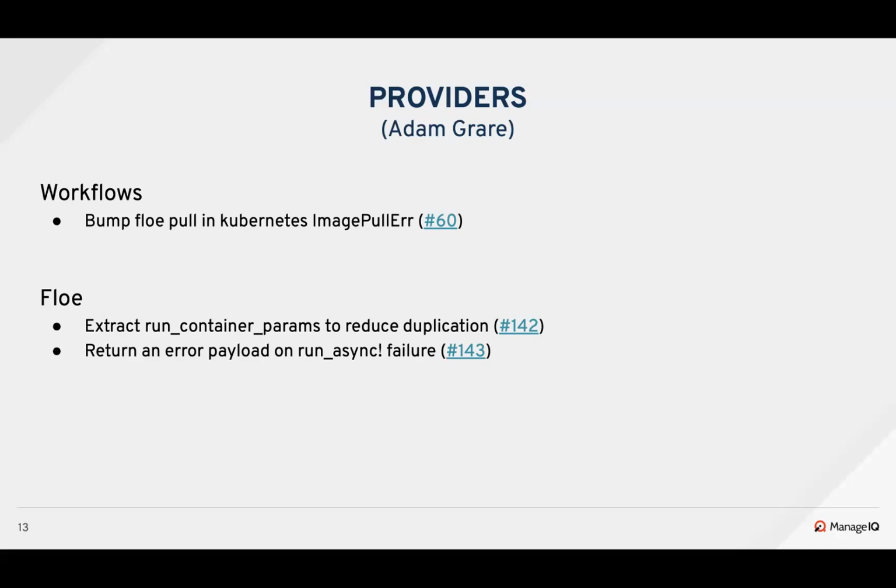And for the floe gem, we extracted the run container parameters to reduce some code duplication between the podman and the Docker runner classes. And we're also now returning an error payload if the run async failure raises an exception. Previously, this was raising all the way up, and now you're able to handle the error payload properly as part of your workflow. That's it for providers.